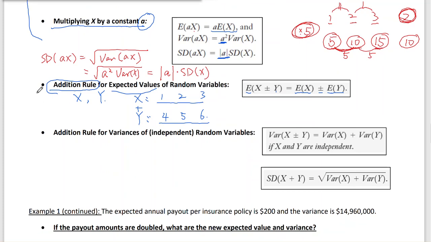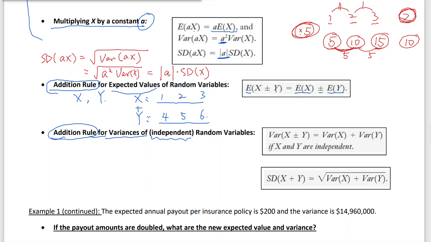What happens with the variance? Then we have the addition rule for the variance. But when we apply this rule, we need to make sure these two variables are independent.